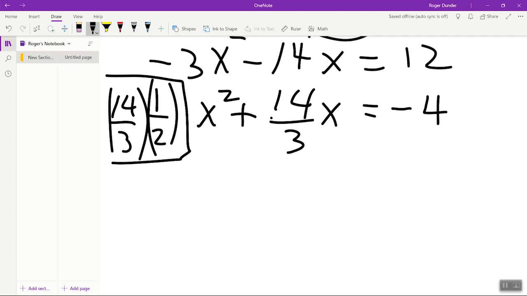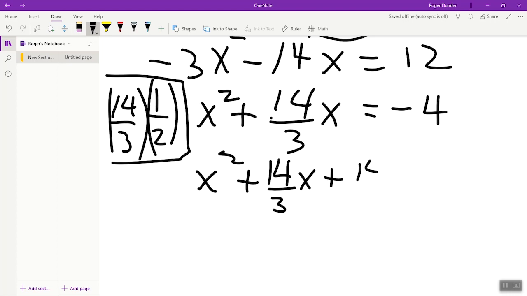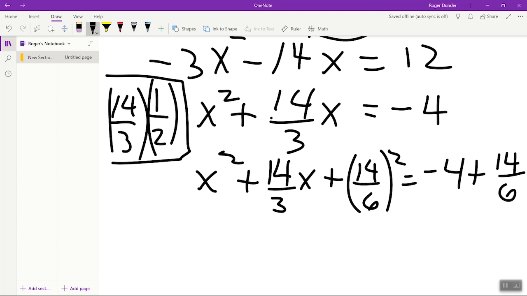So this then becomes x squared plus 14 over 3x plus 14 over 6 squared. And that's equal to negative 4 plus 14 over 6 squared. I have to add the square of that to both sides.